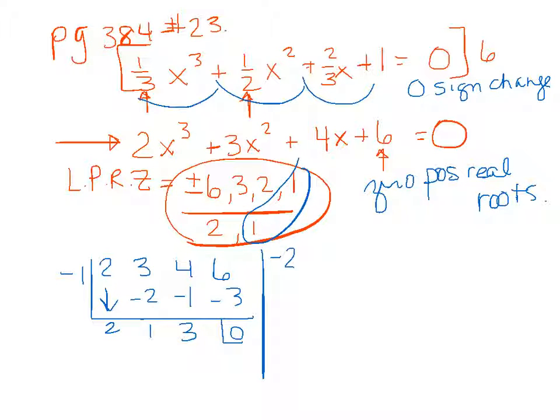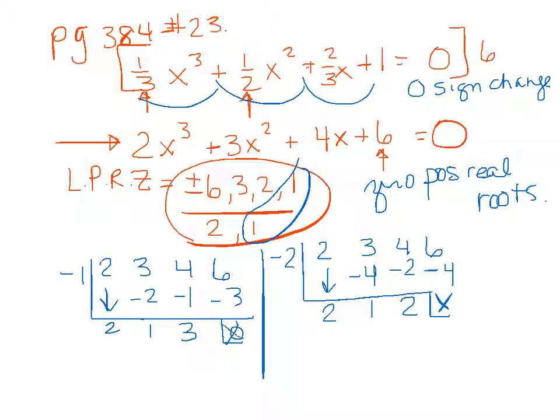I could try 1/2, but I think I'll stick with whole numbers until I have to go to fractions. Testing 2, 3, 4, 6. Bring down the 2, minus 4, add, minus 2, 2, negative 4. Nope. Sorry, that did not get a 0 over here, and this does not get the 0 over here. So neither one of those worked. So let me erase them.